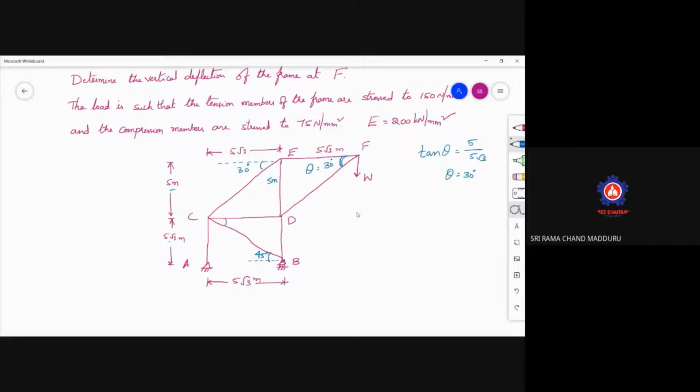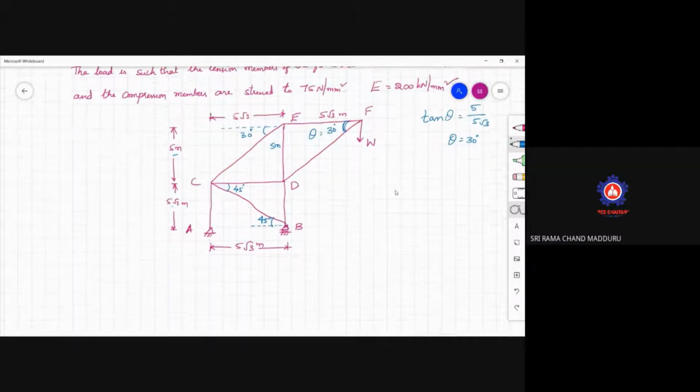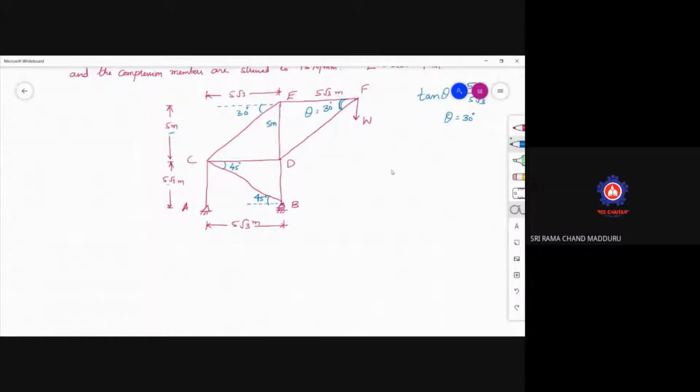This is 45, here also this is 45 degrees. So first of all, for the given problem, calculate the angles made with respect to horizontal. Now take free body diagram at F.